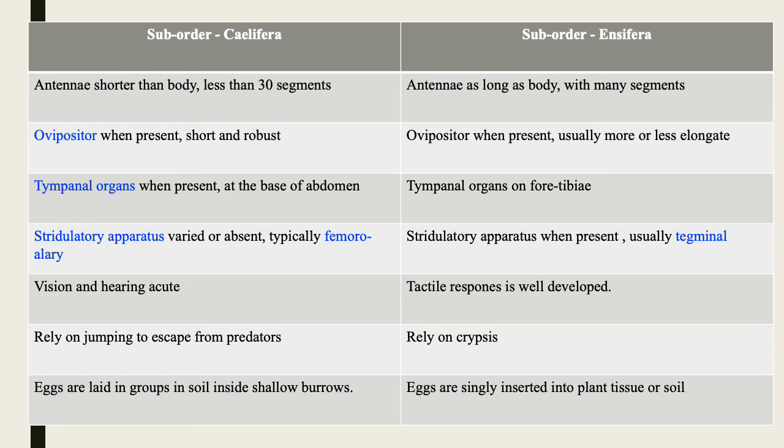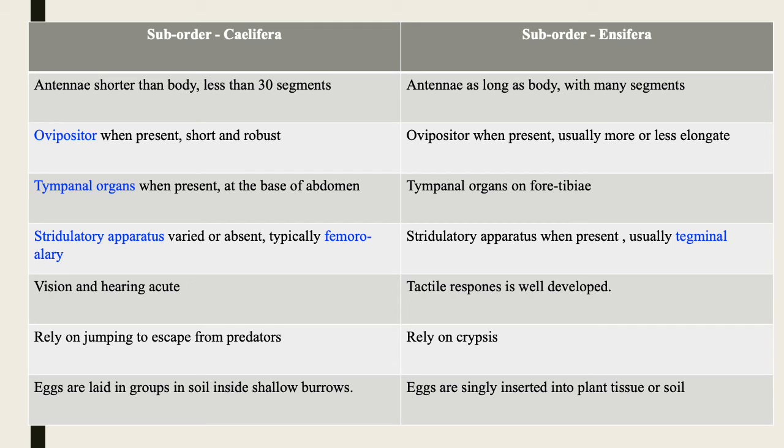Eggs in case of Coelifera are laid in groups in the soil inside shallow burrows, whereas in Ensiphera eggs are laid into the plant tissue. They are inserted into the plant tissue or the soil. So, suborder Coelifera has a family Acrididae.